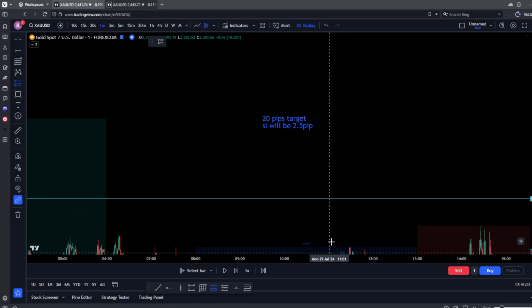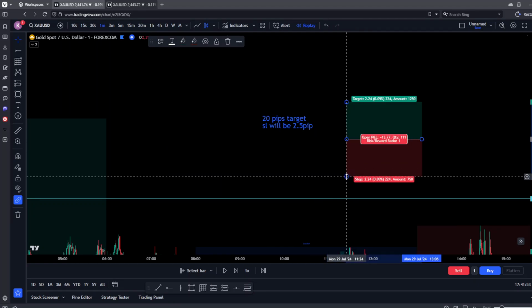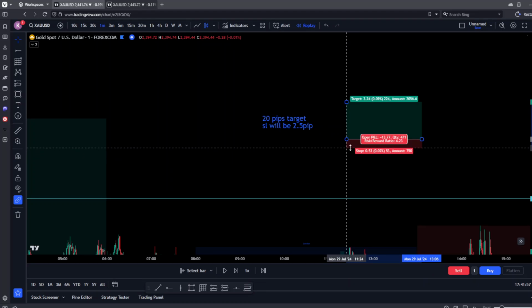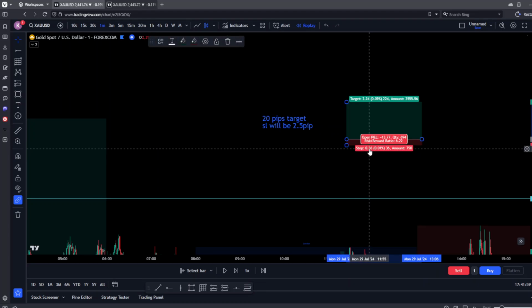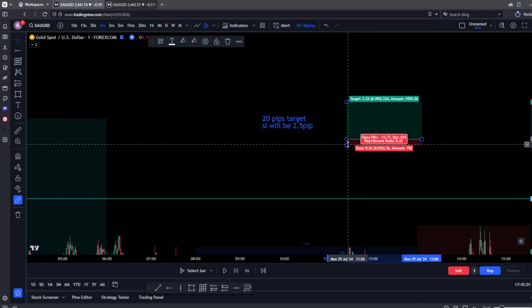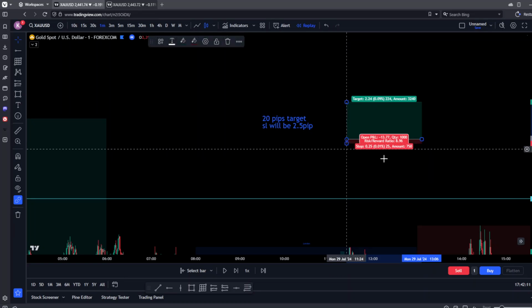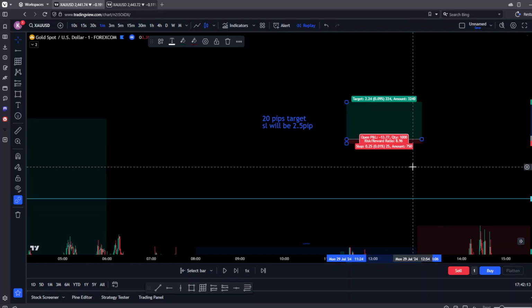If you're using the 2.5 pip stop loss, you're gonna read it this way. You see this, I'm looking at this number. You can use any number, and make sure you have a raw spread account.